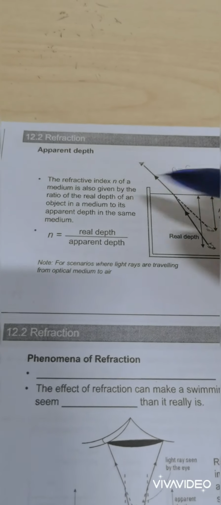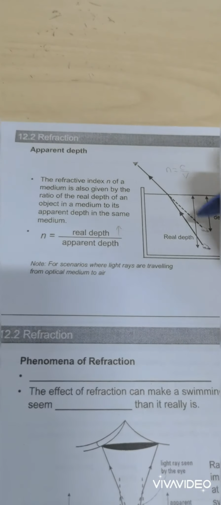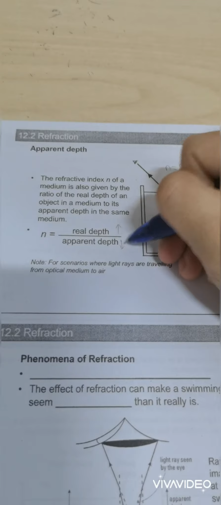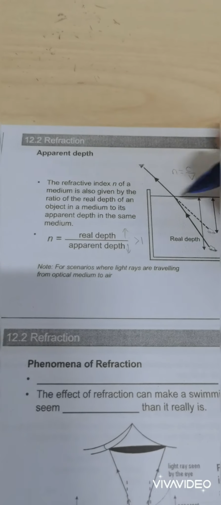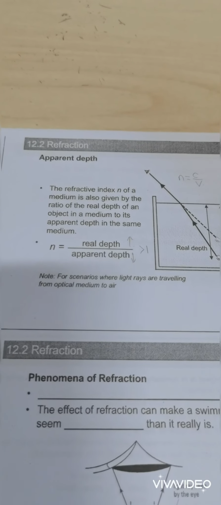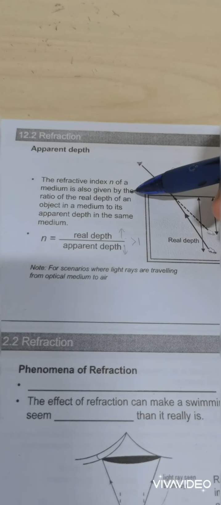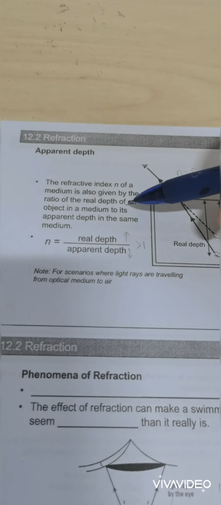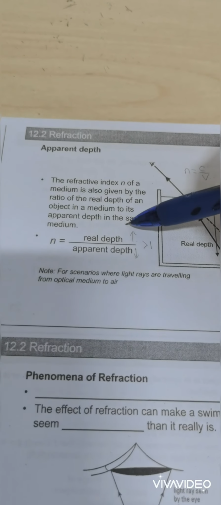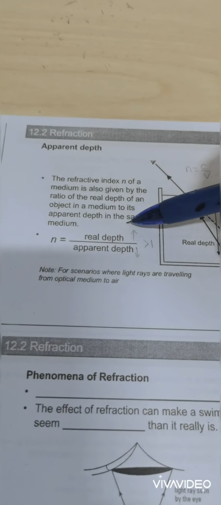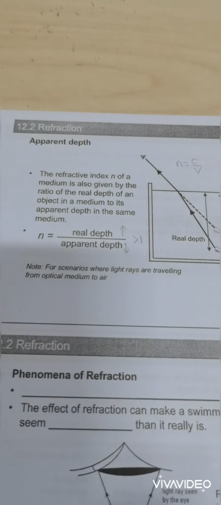So from a denser medium, your real depth is a higher value to an apparent depth which is a lower value. So your n is still greater than 1, just like how you calculated using the other formula. So refractive index can also be given by the ratio of the real depth of the object in the medium to its apparent depth in the same medium. Same thing, because it's a ratio, n here has no units.